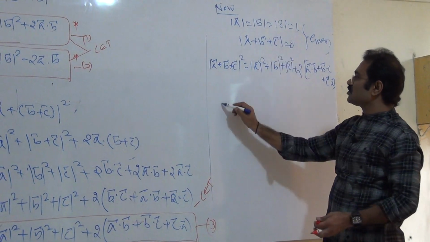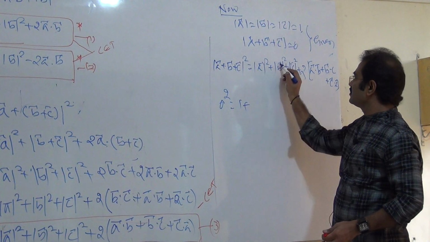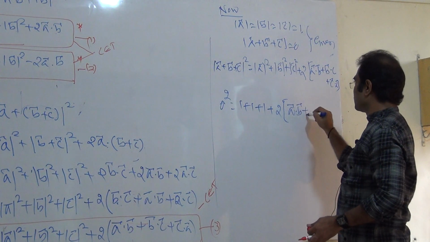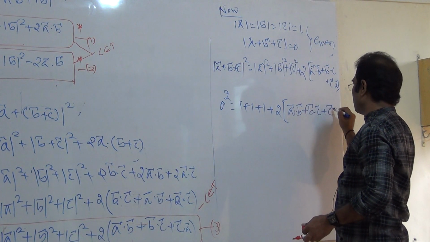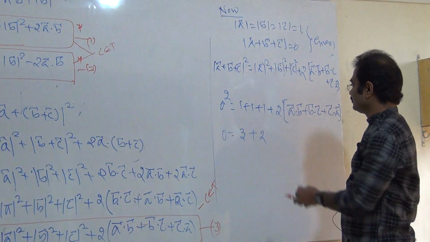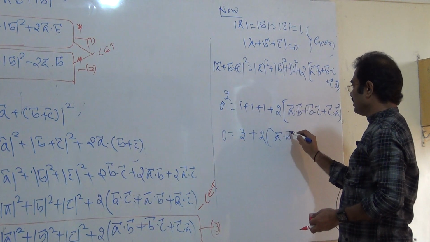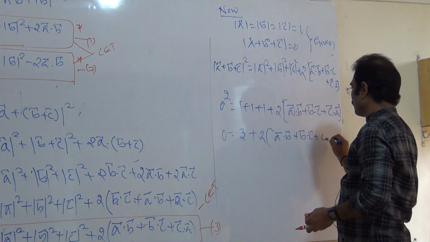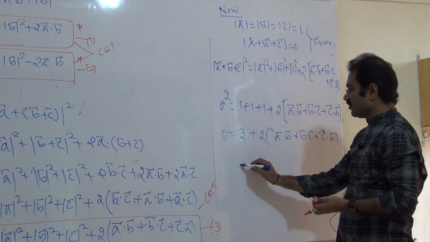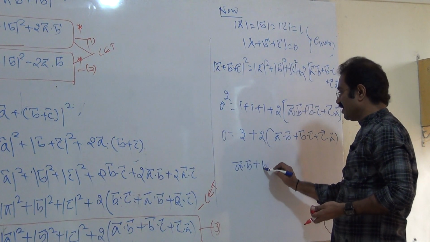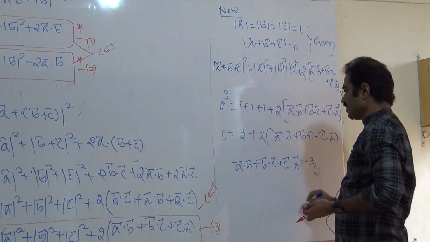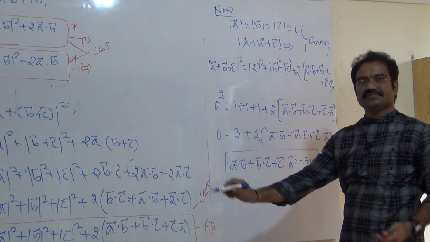Its value is given, 0 square. It is 1, 1, 1 plus 2 times (A dot B plus B dot C plus C dot A), right? It is 0, and it is 3 plus 2 (A dot B plus B dot C plus C dot A). Therefore, I want this: minus 3 by 2. A dot B plus B dot C plus C dot A is equal to minus 3 by 2, which is the required answer.